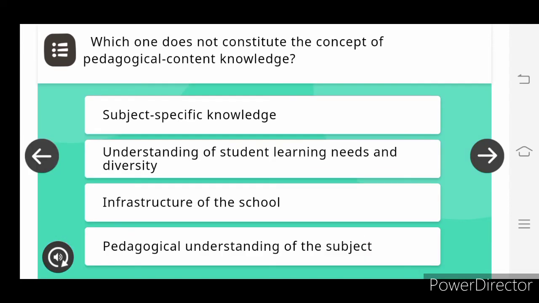Next question we have: which one doesn't constitute the concept of pedagogical content knowledge? Here the options are subject specific knowledge, understanding of the student learning needs and diversity, infrastructure of the school, pedagogical understanding of the subject. So the right option is infrastructure of the school.